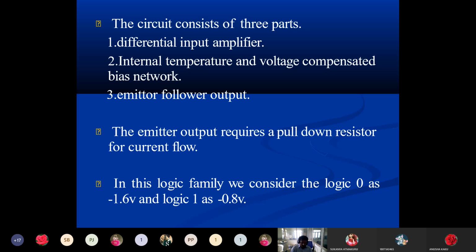CML does not produce a large voltage swing between the low and high levels. It has a small voltage swing, less than a volt, and it internally switches current between two possible paths depending on the output state. The basic idea of current mode logic is illustrated by the inverter or buffer circuit, as shown in the diagram.